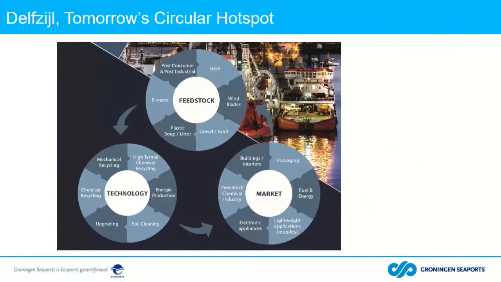So for our port, it is really important. That is something that we've seen: that the feedstock, like mud in this example, the technology and the technology partners to upgrade or store or reuse the products are important, and that there is a market, of course, for example in the agricultural sector or in the water management sector.